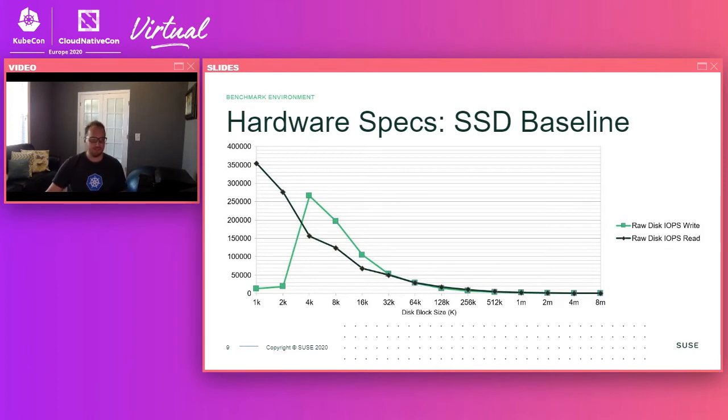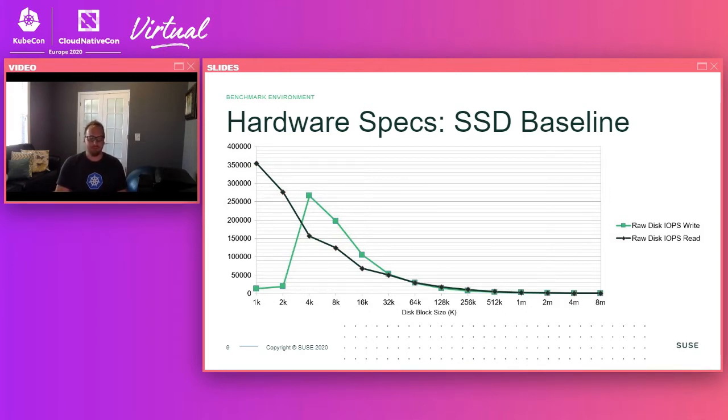I want to point out something on this slide that might be useful to remember as we go on. With the write benchmarks, we notice that we start off kind of slow at 1K and 2K block sizes, and we believe this is just a function of not aligning to native block sizes, things like page table sizes and that sort of thing.